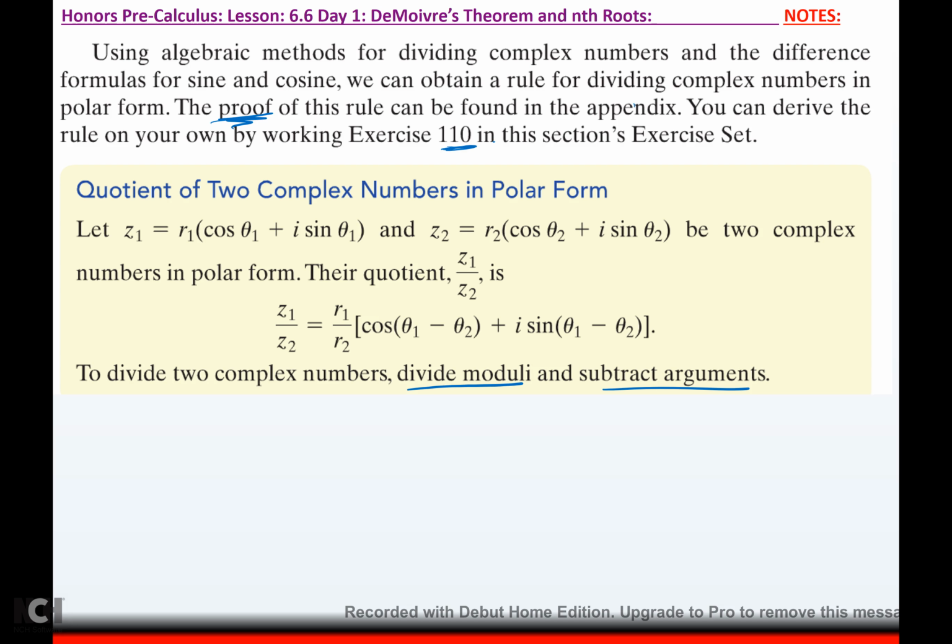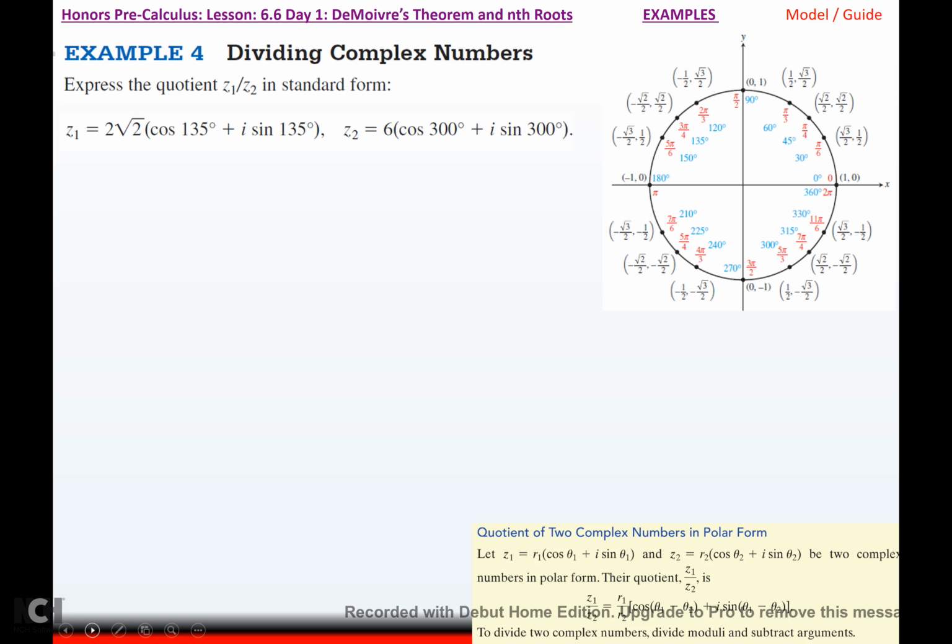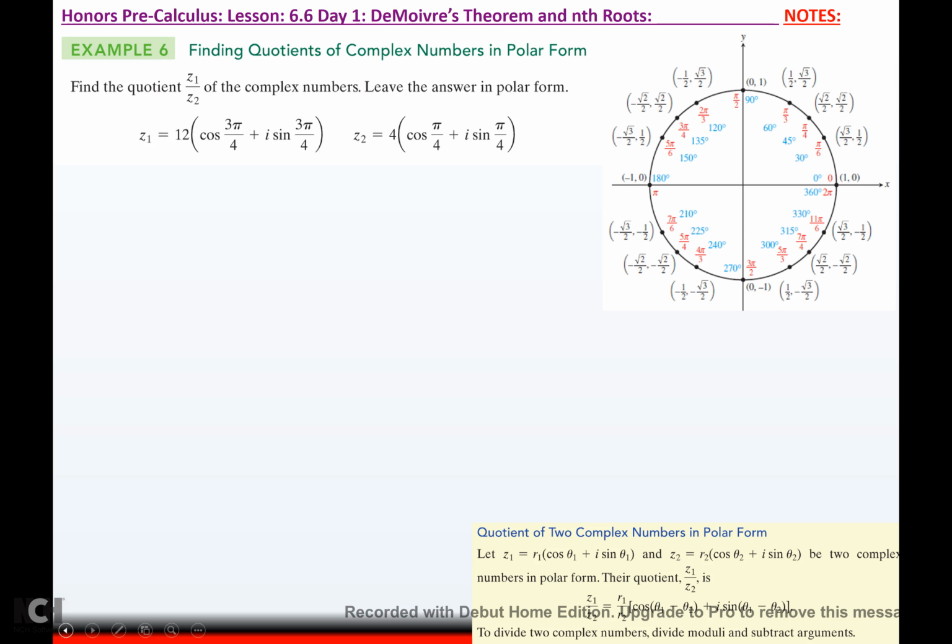Alright, so for this one, they want me to divide those two. So to do z1 divided by z2, I take the r's and divide them. And then I'm going to have cosine of, subtract the theta, so 3 pi over 4 minus pi over 4, plus i sine of 3 pi over 4 minus pi over 4.